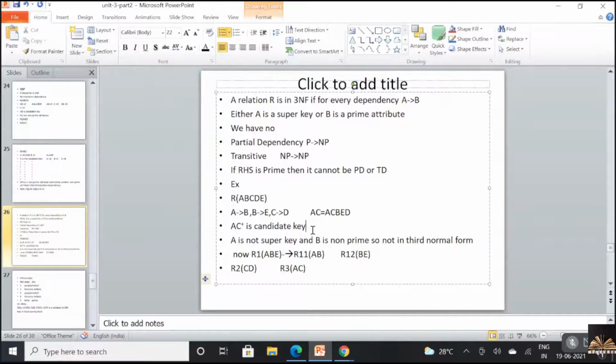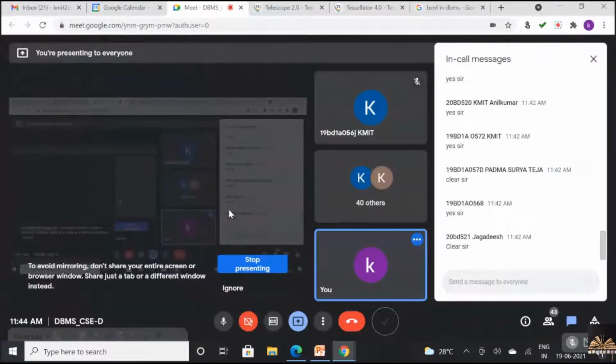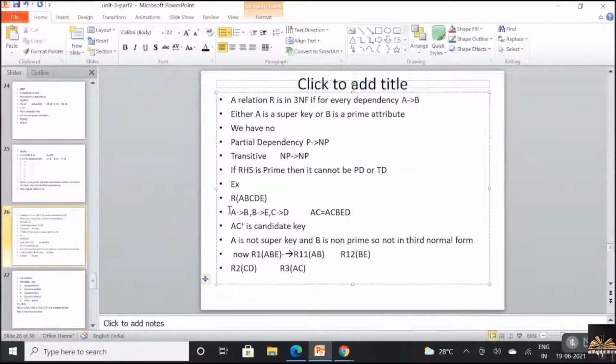Now, looking at the FDs, what is the LHS of the FD? A. Is it a super key? Is A a super key or a candidate key?